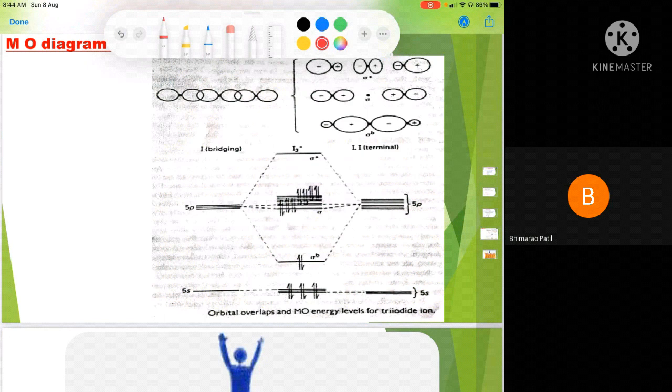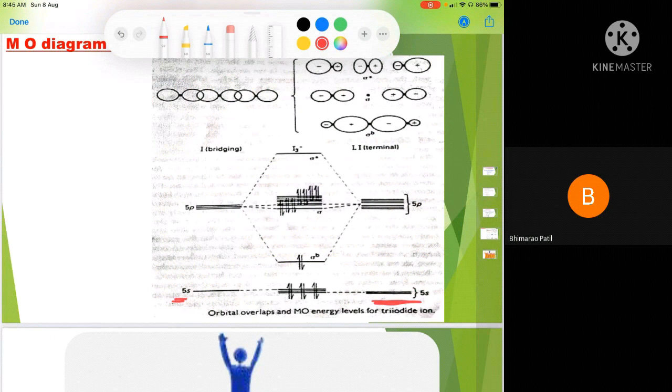Here you know that there are two groups of iodine atoms present in the triiodide ion. One group is the bridging iodine atom, and the other group is the terminal iodine atoms. Here these are the atomic orbitals from the terminal iodine, and these are the atomic orbitals from the bridging iodine atom. You know that two terminal iodine atoms are present.